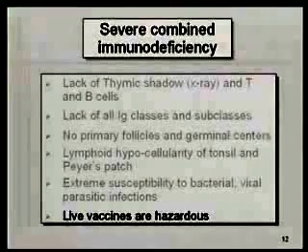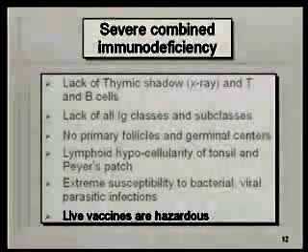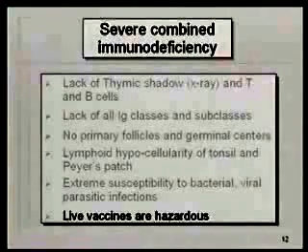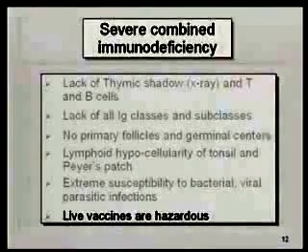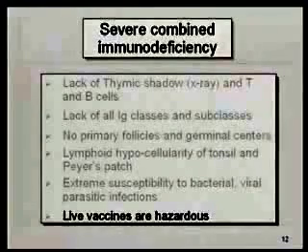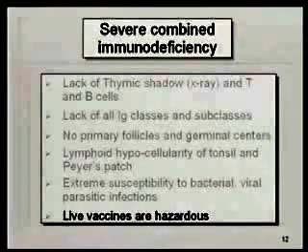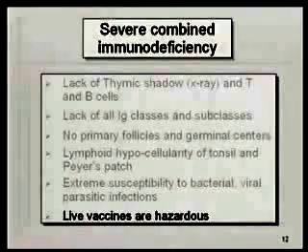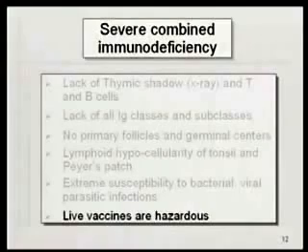So anytime you see immunodeficiency, particularly of severe kind or T-cell immunodeficiency, you've got to stay away from live vaccines. There is no point in immunizing these patients anyway, but if one suspects severe combined immunodeficiency, one has to particularly avoid any live vaccines. Okay?